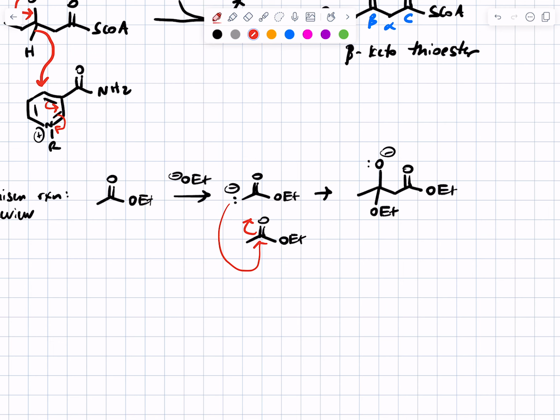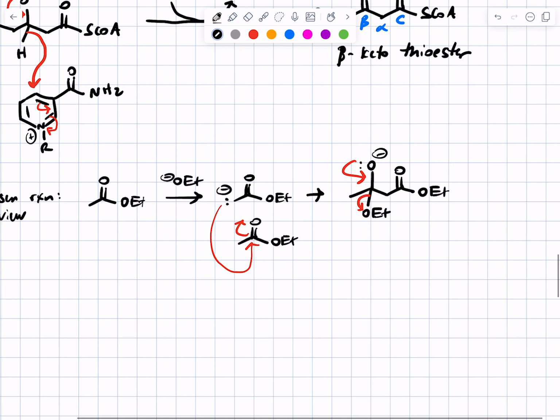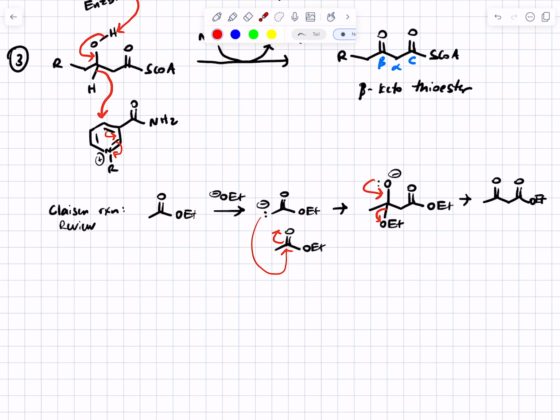And then electrons could kick down and kick off ethoxide as a leaving group, and your product would be this beta keto ester. Vaguely familiar? That's sort of the aldol reaction for esters. The reason it's different is because in the aldol reaction you attack a ketone or an aldehyde and there is no good leaving group. In the Claisen reaction you attack an ester and there is a good leaving group. Okay?